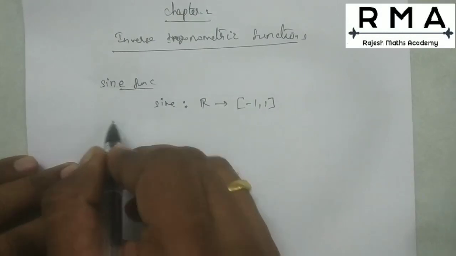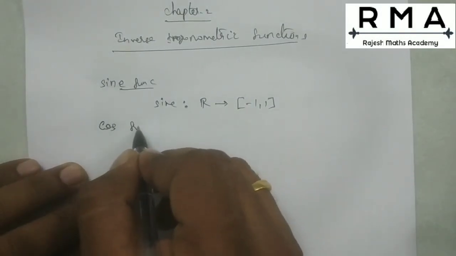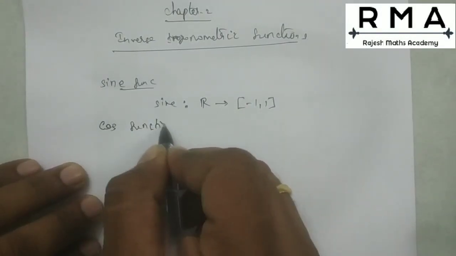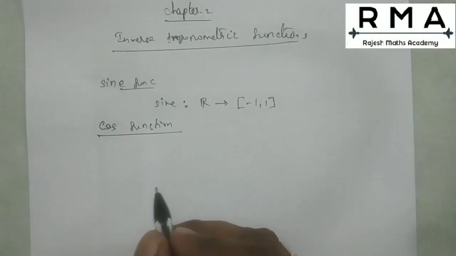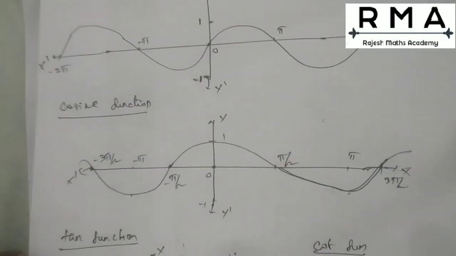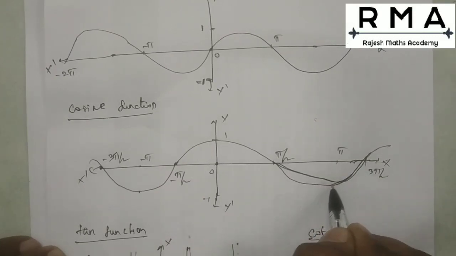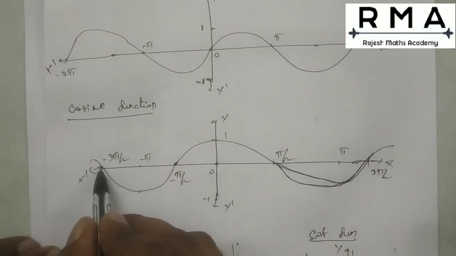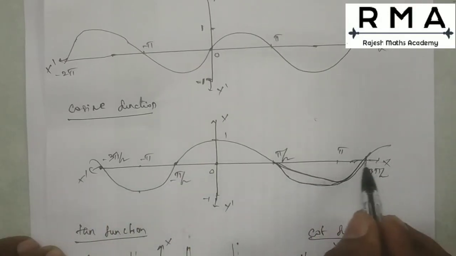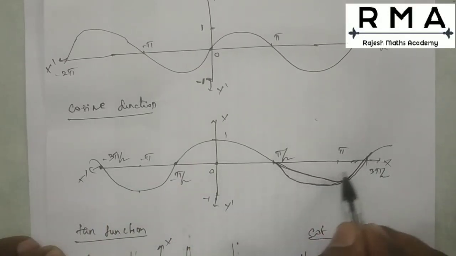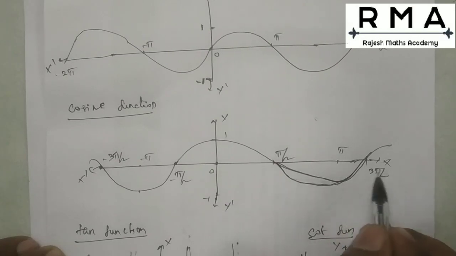Similarly, the cosine function. The graph of the cos function is given here. The domain of the cos function is the same, all real numbers, extending to plus infinity on the right side and minus infinity on the left side.